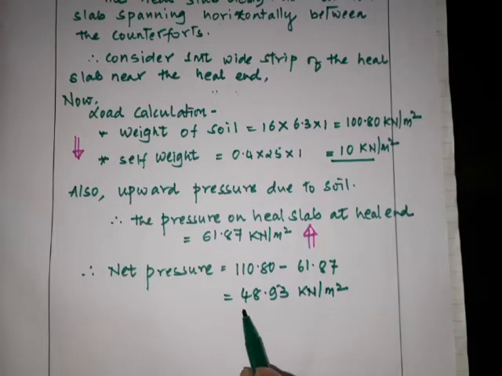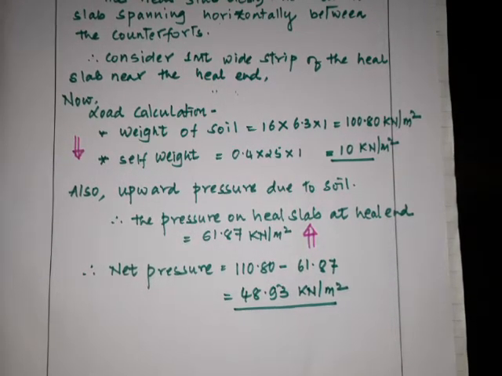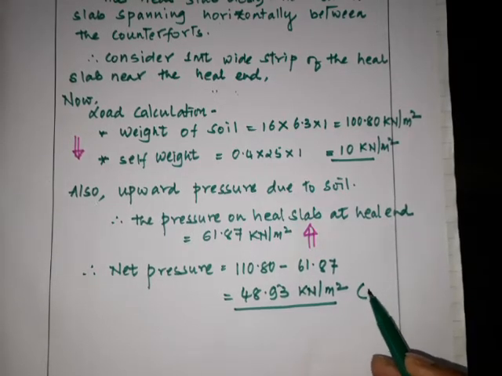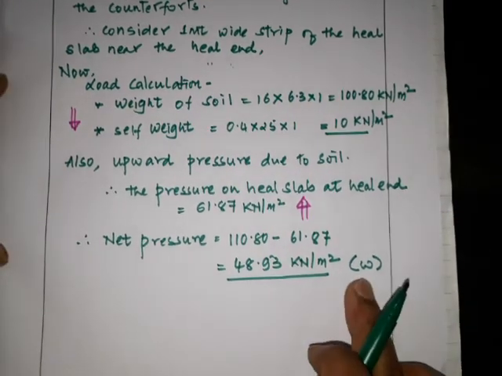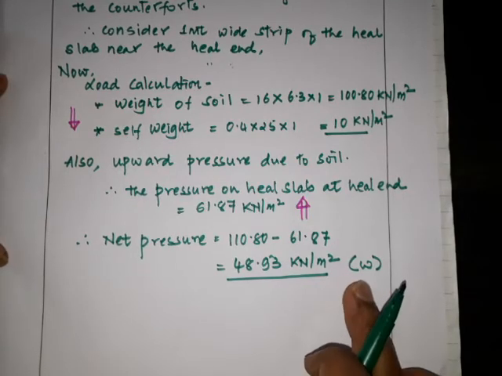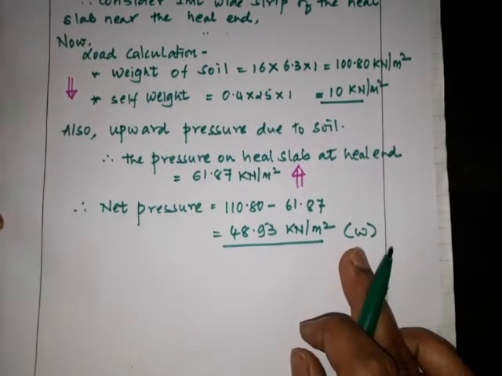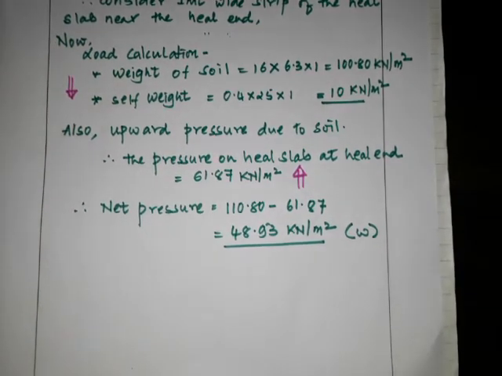So this is the net pressure acting over the heel slab at the heel end, what I am trying to say, at the heel end, 48.93 kilonewton per meter square. So this is nothing but the W or the load acting over the heel slab, okay. So therefore, once we got the W, next we will find out the bending moment, okay.